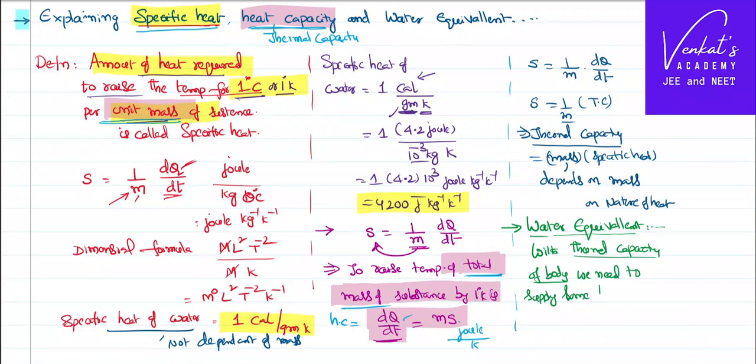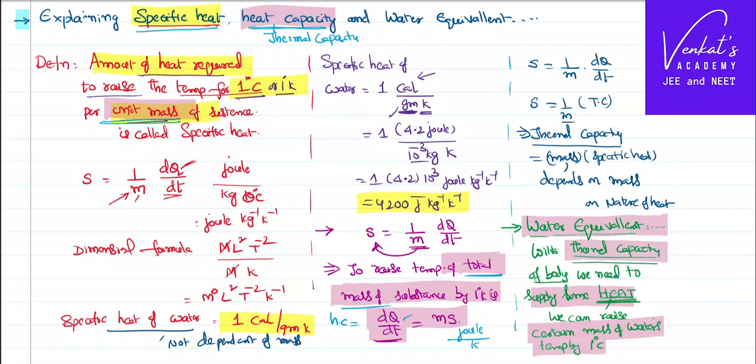With that heat, the thermal capacity heat, we can raise the temperature of a certain mass of water by 1 degree centigrade. That certain mass of water whose temperature can be raised by 1 degree centigrade using a heat equivalent to thermal capacity is called water equivalent.